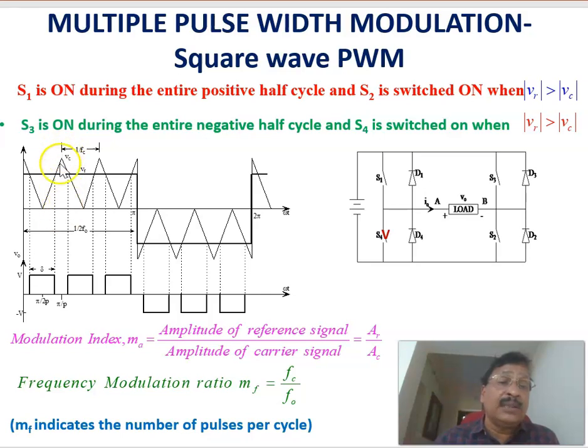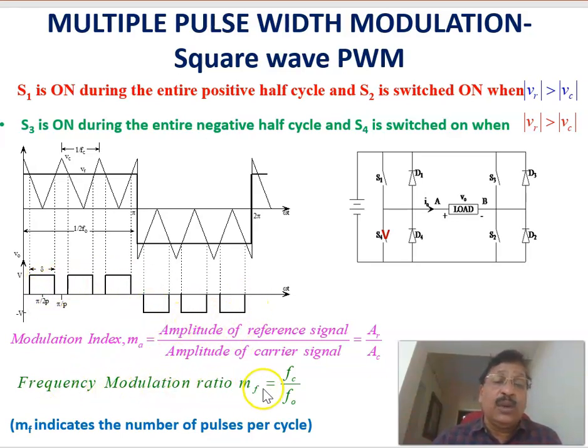That ratio we call the amplitude modulation index, MA, equal to this height AR divided by AC. By controlling this height, you can control the amplitude modulation index. Thereby you can control the magnitude of the output voltage.